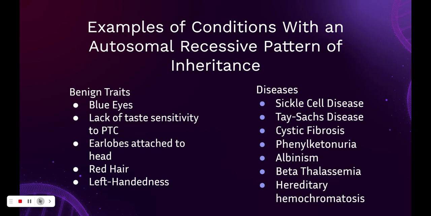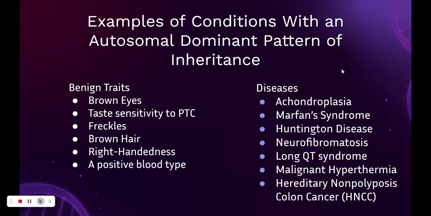Tay-Sachs disease, which is common in Ashkenazi Jewish families, as are many other disorders, cystic fibrosis. Some of these genes confer an advantage if the person is heterozygous for the trait. For example, sickle cell trait is thought to protect to some extent against malaria. Cystic fibrosis was thought to protect against cholera. But these are some disorders: beta thalassemia, hereditary hemochromatosis, albinism, all those.